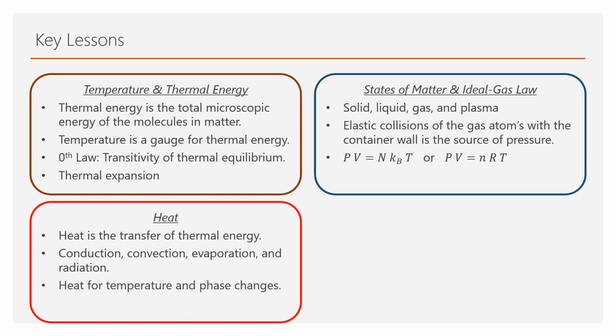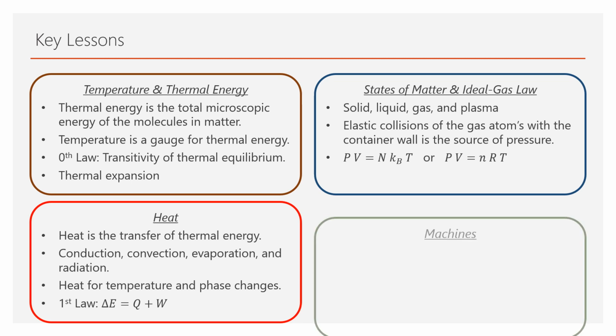We also saw that heat transfer into or out of a mass can change its temperature, and we saw that a significant heat transfer is needed to change the phase of matter. We then modify the energy equation to include heat transfer to get the first law of thermodynamics, which says that the change in internal energy of a system is equal to the net heat transfer plus the net work done.